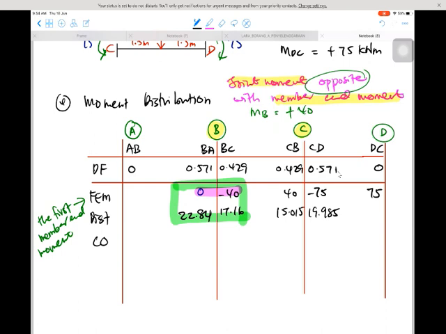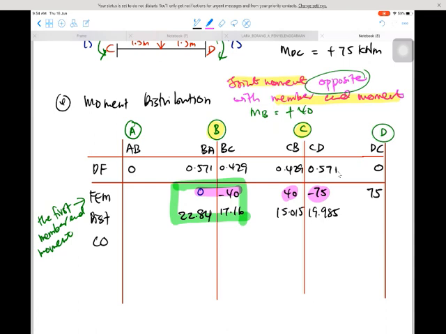I repeat again, total moment at C. C is the joint, and we distribute the joint moment. So what is the moment at joint C? It is 40 plus negative 75, we get negative 35.